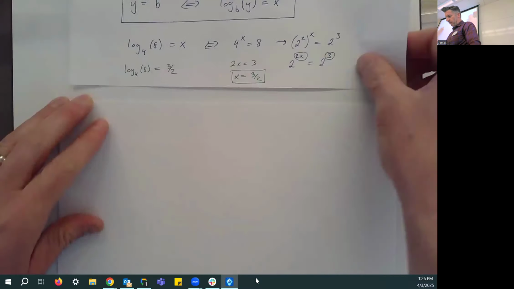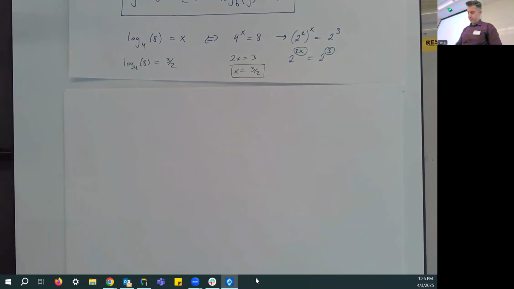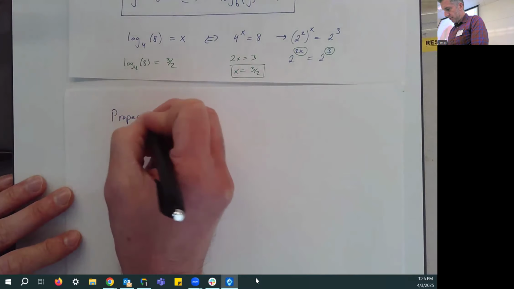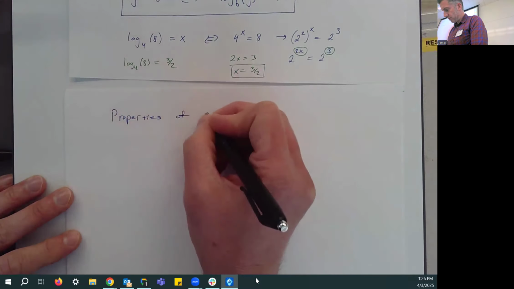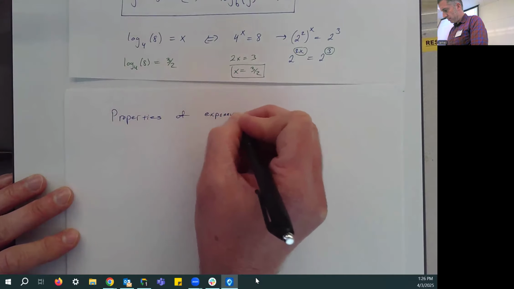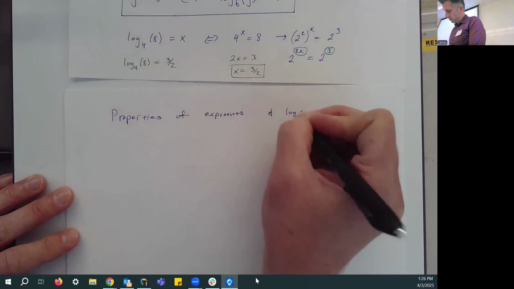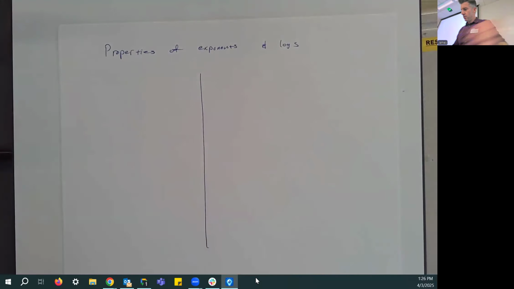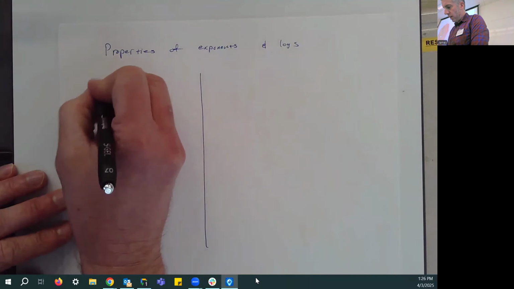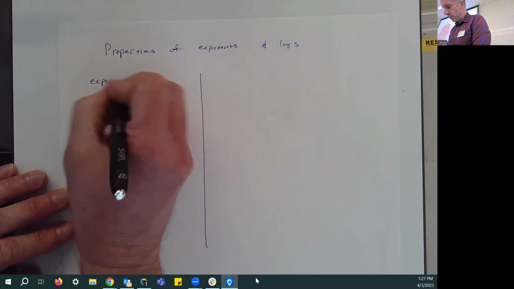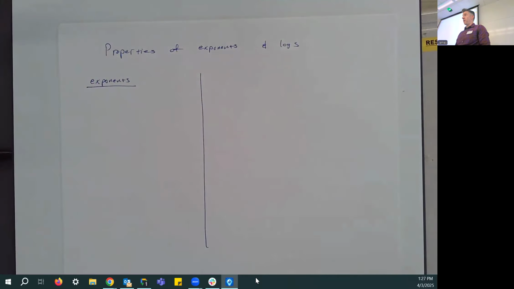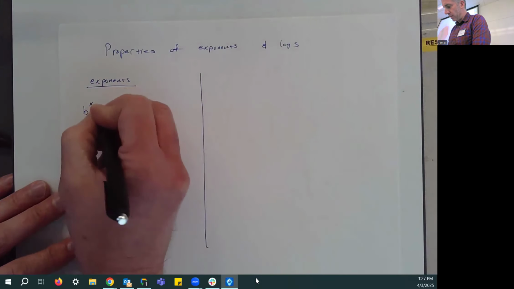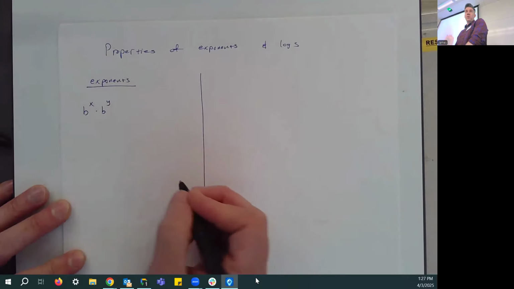So a few properties of logarithms and of exponents. Exponents you're probably more familiar with. We have the additive law of exponents, which we already talked about, where if you have something raised to a power times the same base raised to another power, what do you do with those powers?